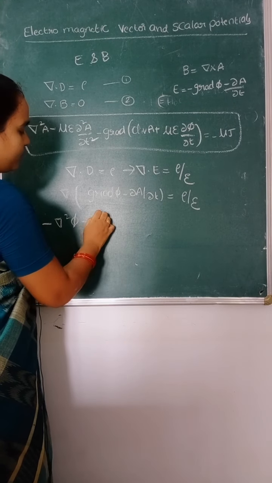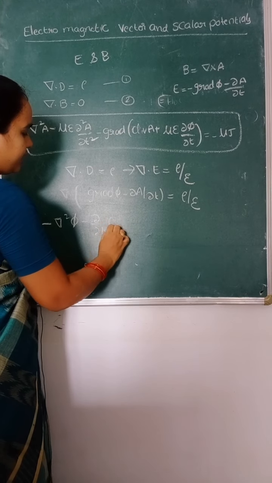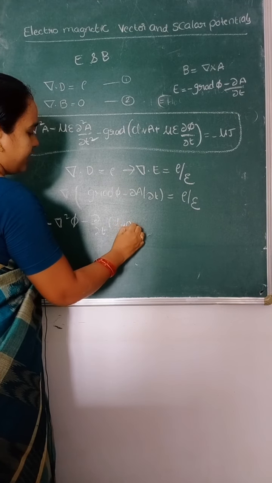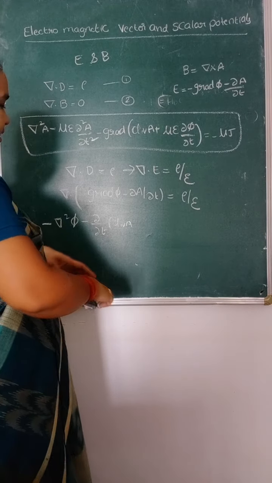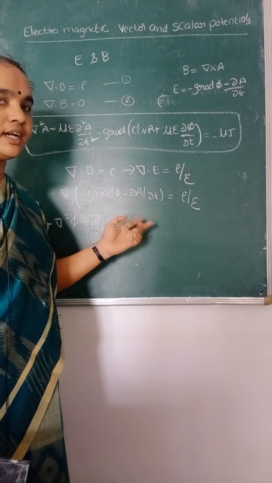divergence dou by dou t of divergence of A. Del dot is nothing but divergence. This divergence and dou by dou t are interchangeable.